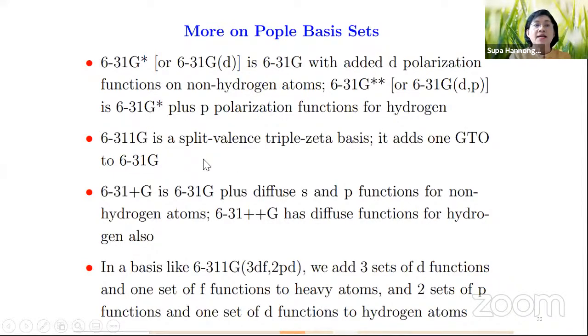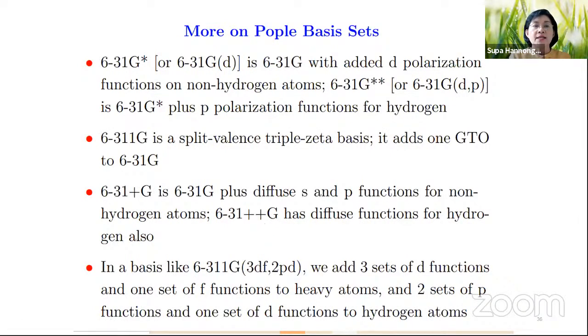Okay, and next you can have the triple zeta split valence if you add GTO to the 6-31G, and also you can add the polarization function to the heavy atoms and to the hydrogen atoms.